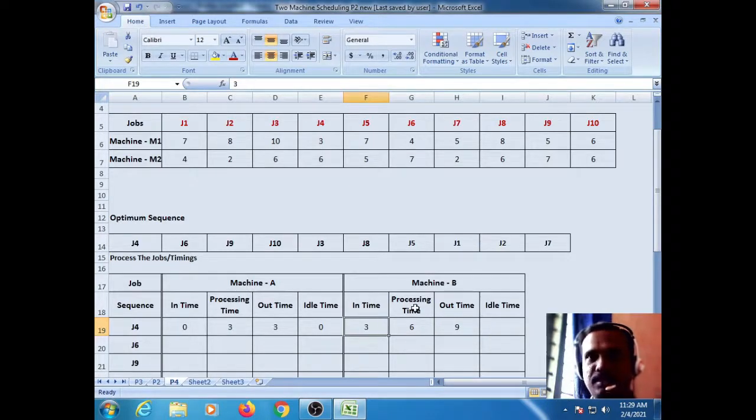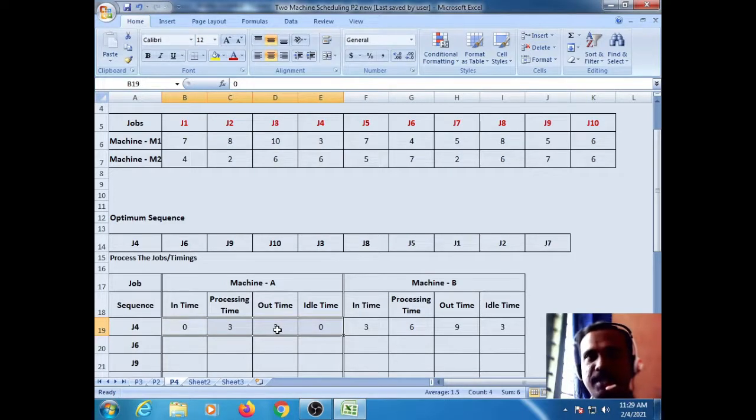So here, idle time. This idle time is for machine B. This machine has waited for 3 hours. Why has it waited for 3 hours? We have started the work with job 4. At 0 hour we have started. For processing job 4 we have taken 3 hours.